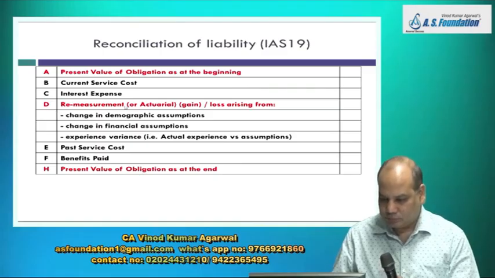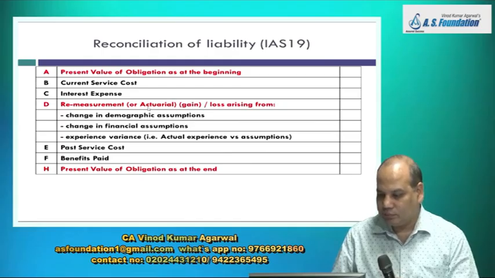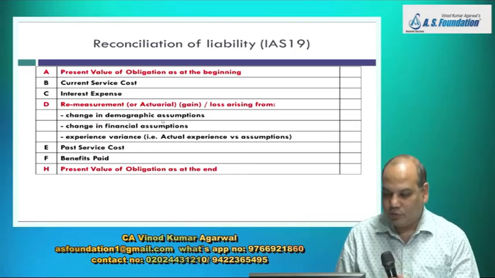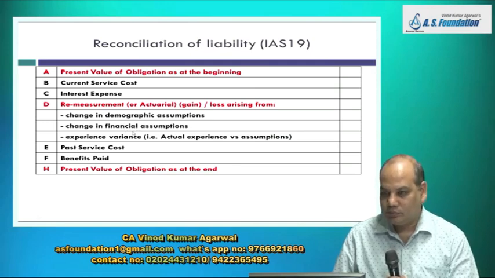And then D, remeasurement, in bracket actuarial gain or loss, arising from change in demographic assumptions, change in financial assumptions, and experience variance.